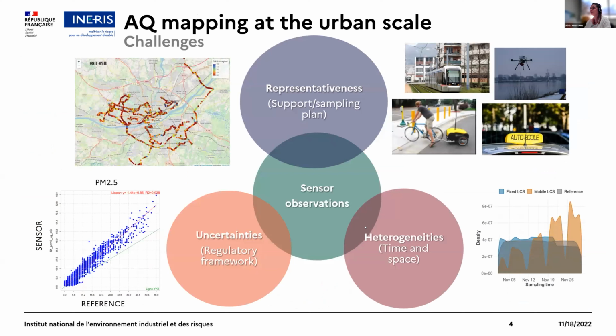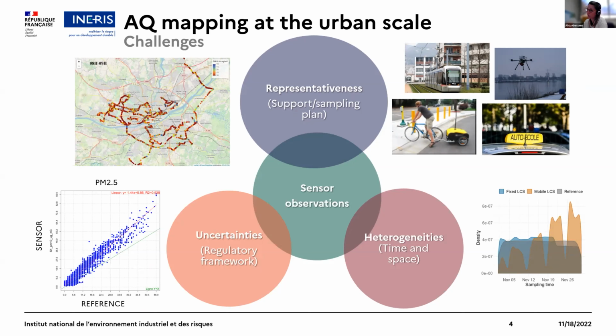There are lots of challenges in using these sensor observations for air quality mapping. The first important one is the representativeness of these observations, depending on the support and the sampling plan. There are also the heterogeneities of the data sets in time and space, because data can be missing in space and in time.